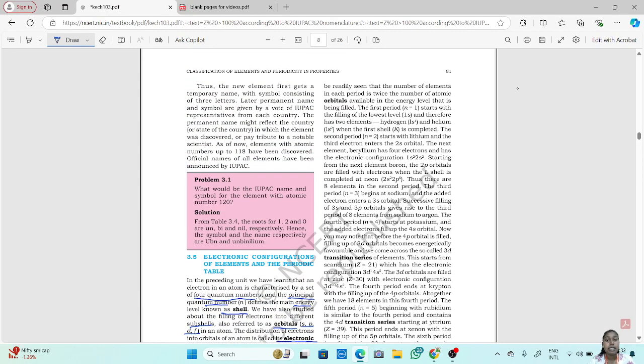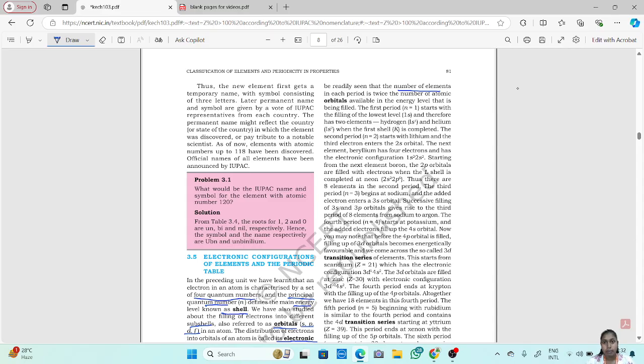Now it can be readily seen that the number of elements in each period is twice the number of atomic orbitals available in the energy level that is being filled. You can easily see that the number of elements in each period is twice the number of atomic orbitals.